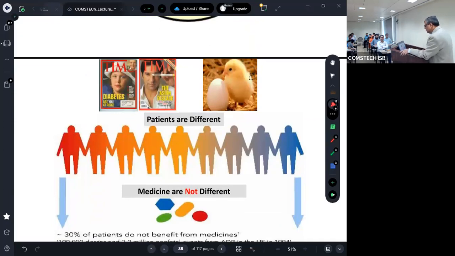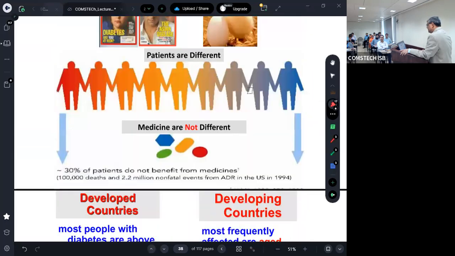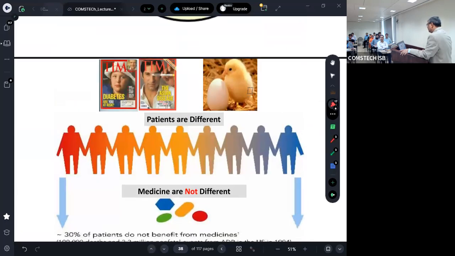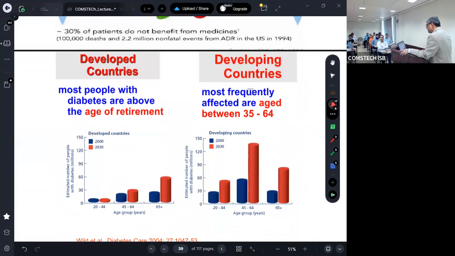Now, this is my very favorite slide. Patients are different. Let's see here. Number one, in developed and developing countries, patients are different.